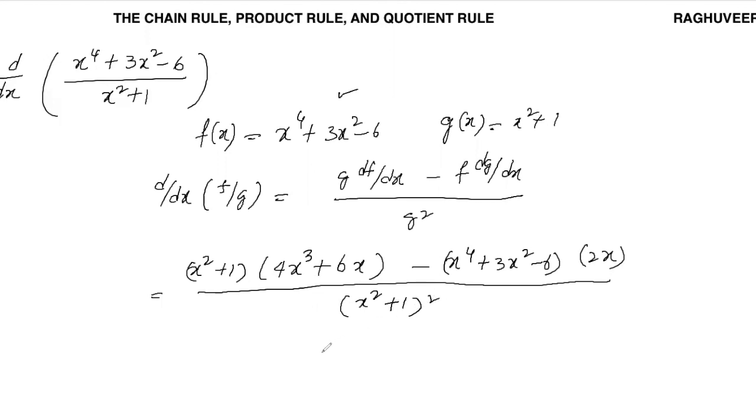So on simplifying this, we get the final answer as 2x power 5 plus 4x cube plus 18x divided by x power 4 plus 2x square plus 1. Yeah, this is the final answer.